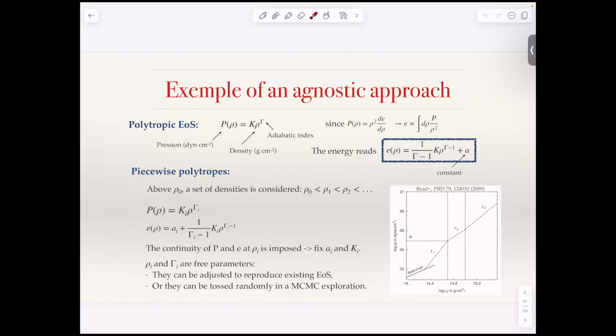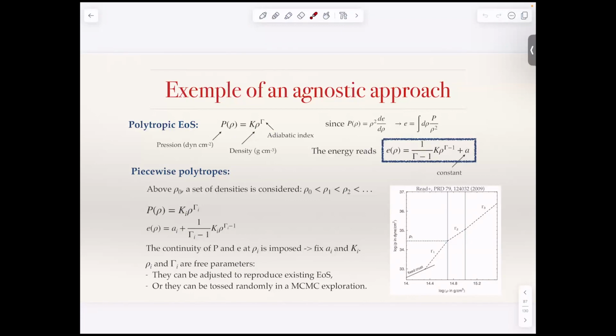But another thing that I would like you to realize is that when you have a piecewise polytrope or something which looks like that, of course you represent the function of how the pressure depends on the density, but nowhere here have I explained what the matter composition is.